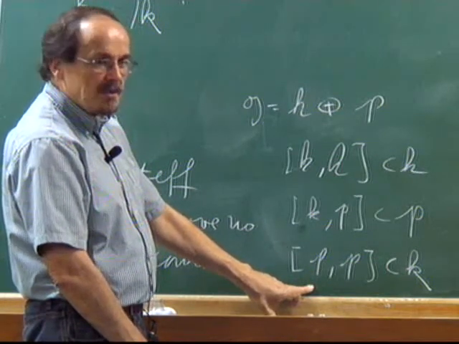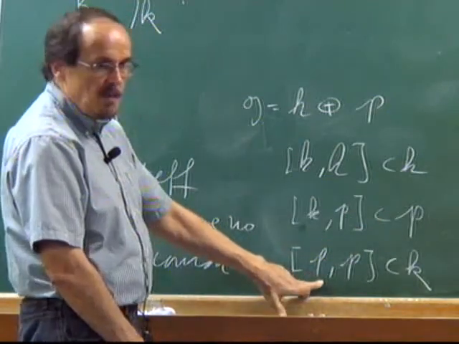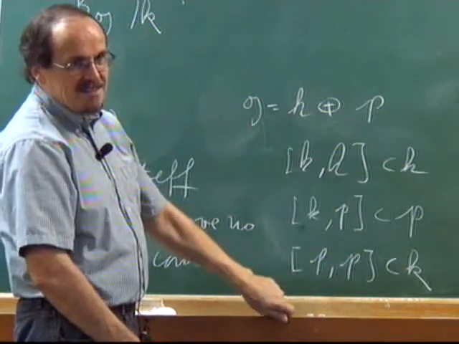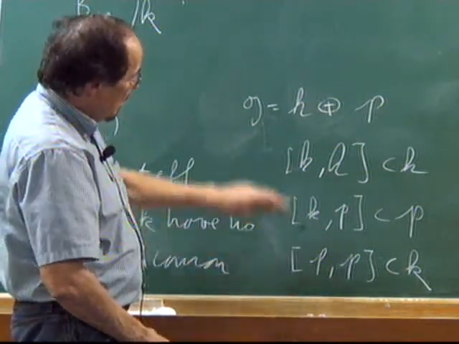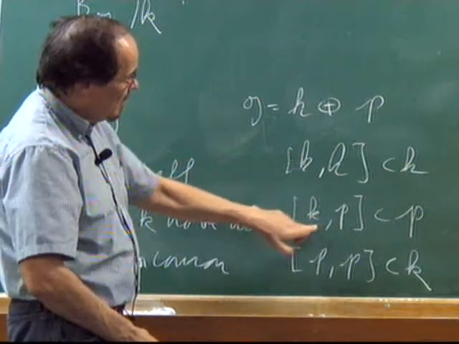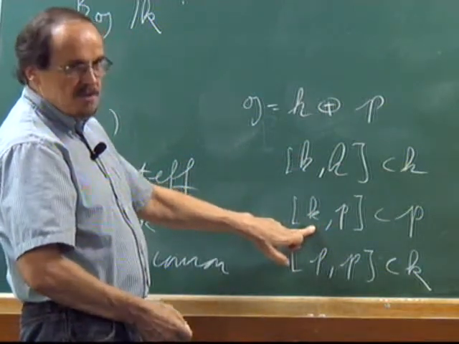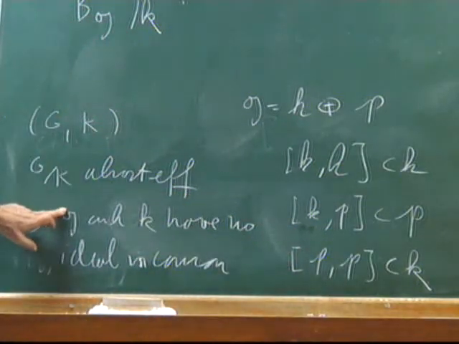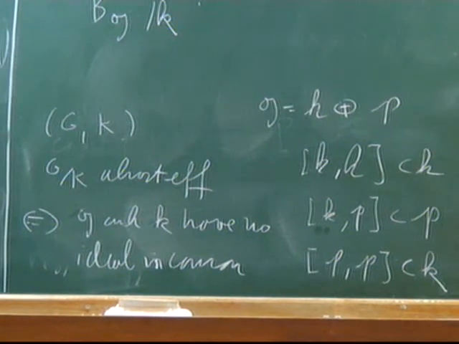That would be equivalent, right? P is an ideal if and only if all the Lie brackets in P vanish. So that's certainly going to be the flat case. Those are the ones that we aren't interested in. And K an ideal means all these Lie brackets vanish here. And that's the infinitesimal isotropic representation if you want. So that would contradict this effectiveness. So neither K nor P are ideals. Never. So that's important.